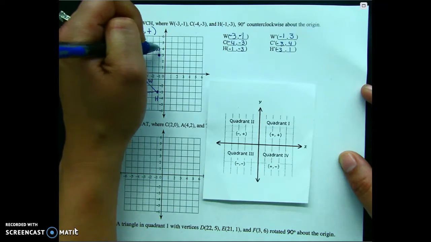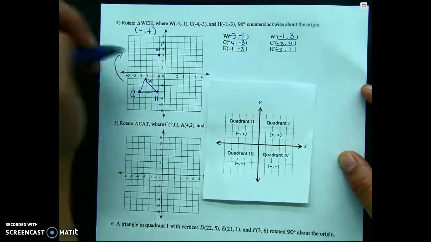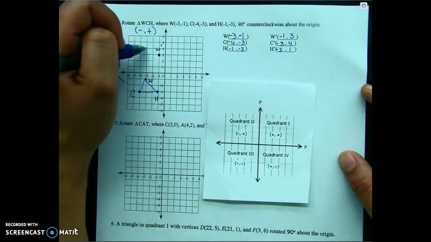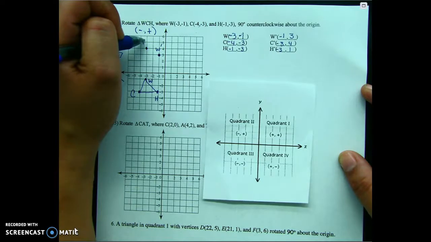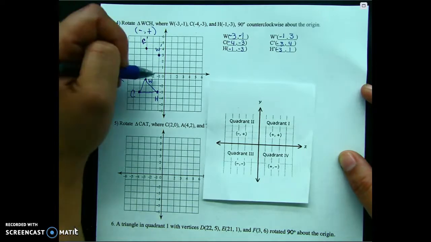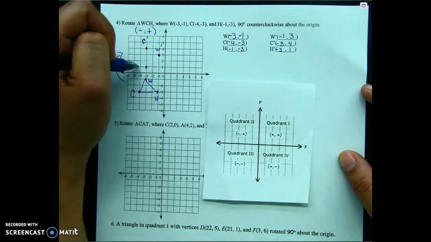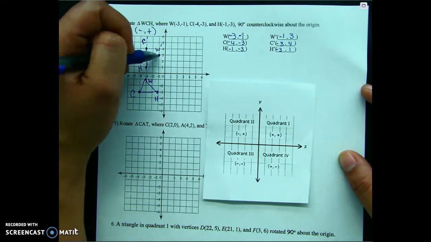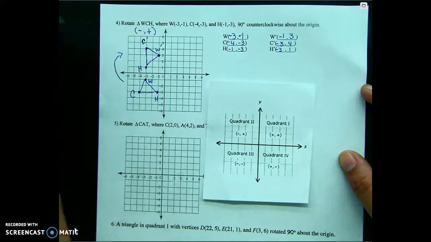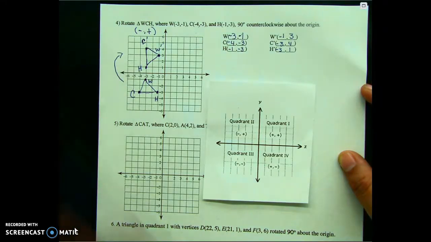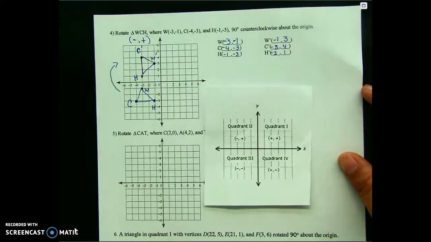That's my W. And I am going to get (-3, 4). That's my C. I'm going to get (-3, 1). That's my H. If you notice, it has rotated. That means that the orientation has changed as well.